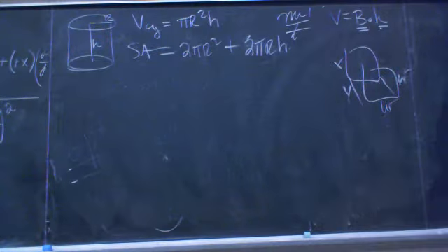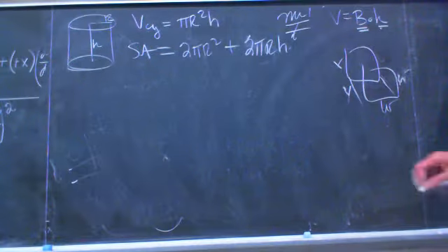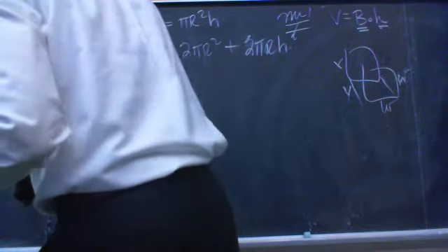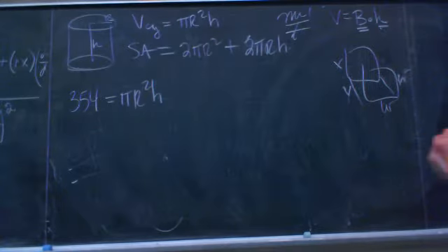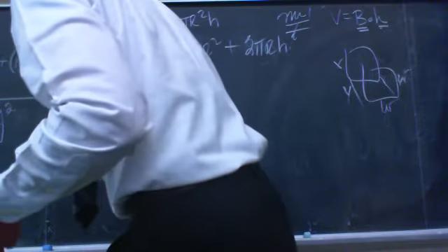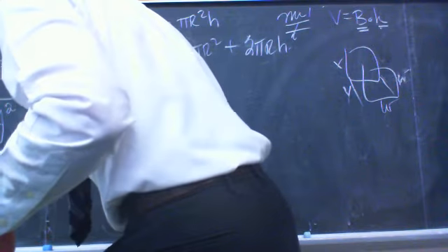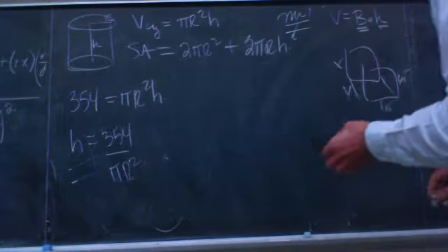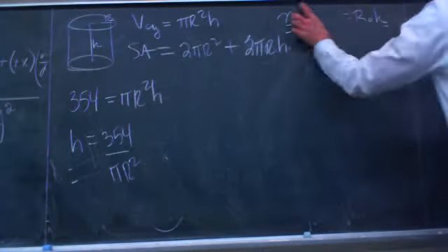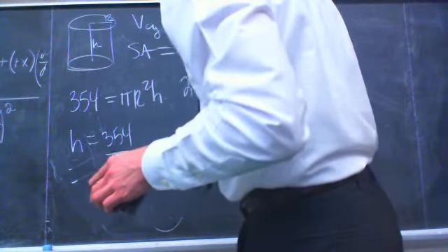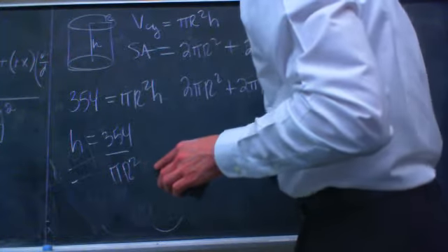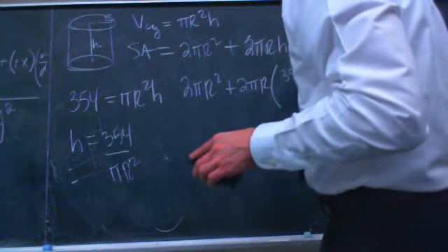Minimize? So what is the volume? The volume is what? What would I solve that for, gang? r or h? So h equals 354 over what? Yep, and where does that have to go now? Into here. So these are a little messy, but they're not bad. You just got to clean them up before you proceed sometimes.